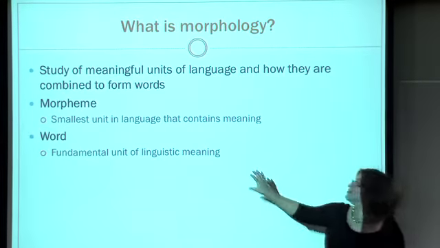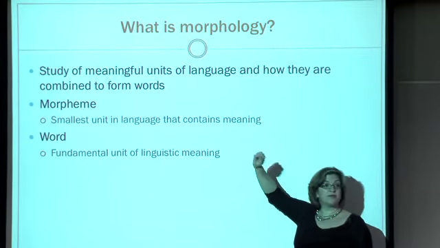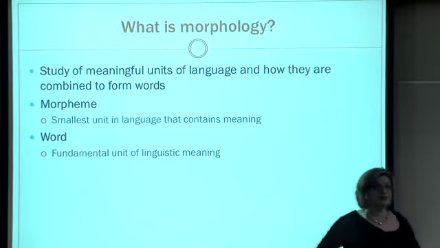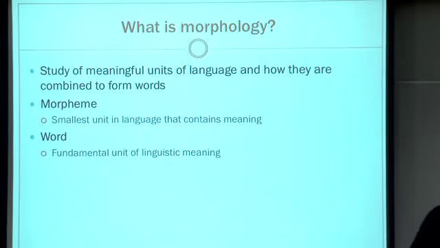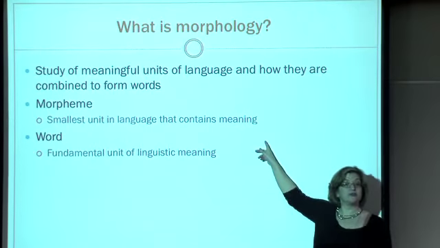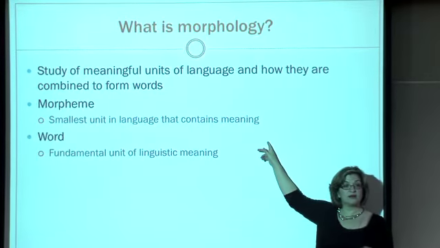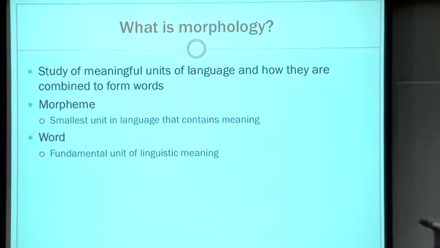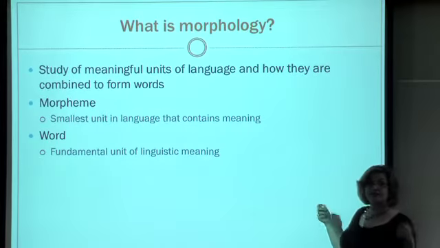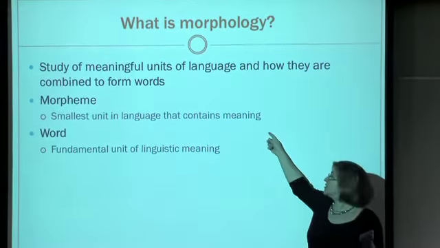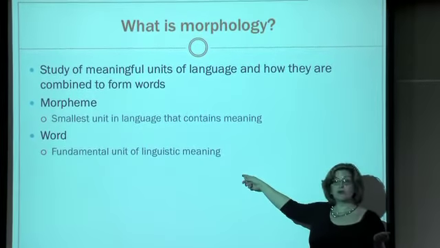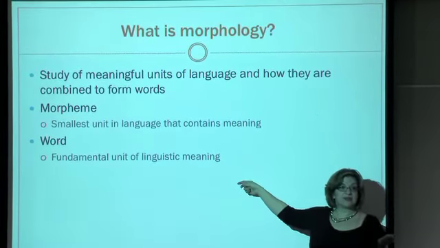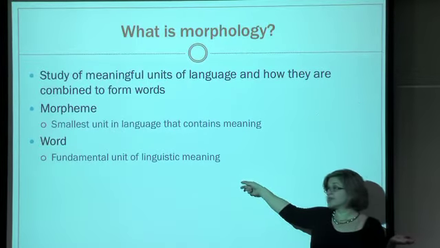So a word may be made up of one morpheme, or it might be made up of multiple meanings. Sometimes a word is a single morpheme, like cat. Sometimes a word is made up of 2 morphemes, like cats. The s makes it plural, but you wouldn't have a standalone morpheme like s. You wouldn't have s indicating plural standing alone.